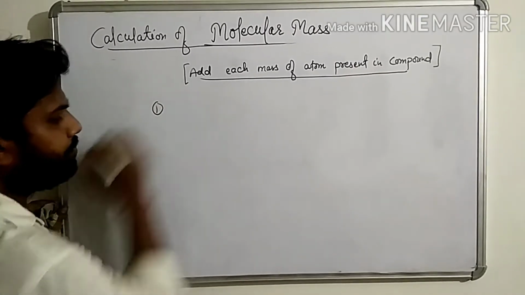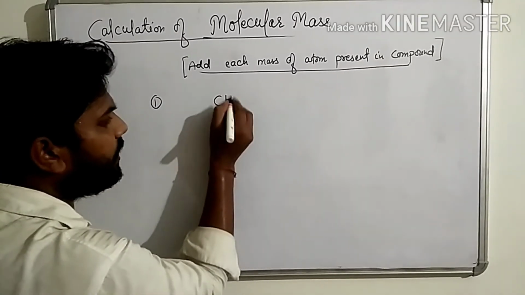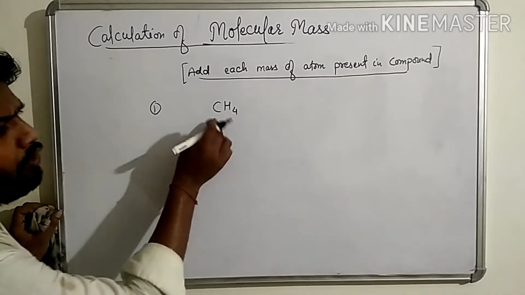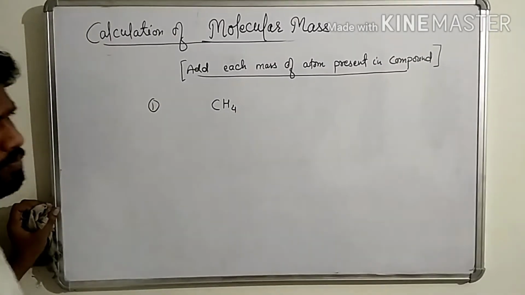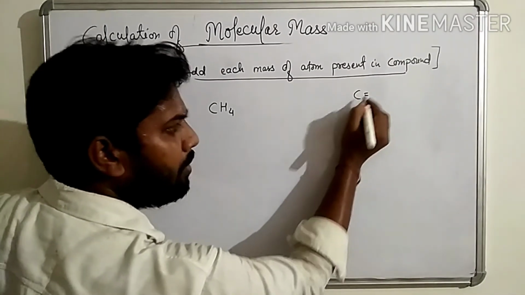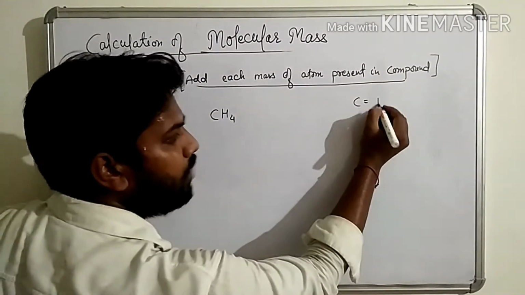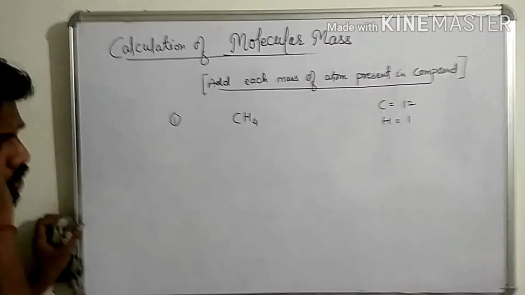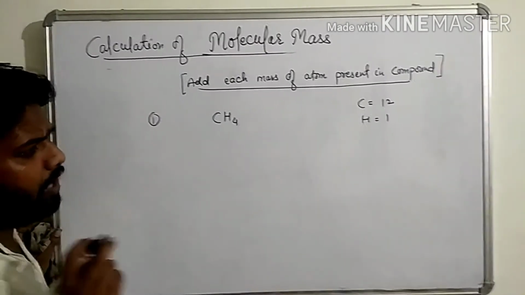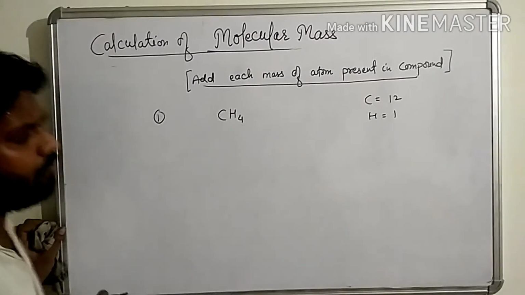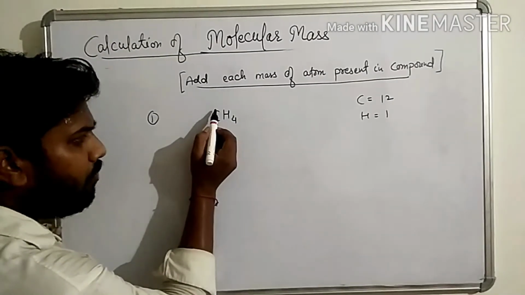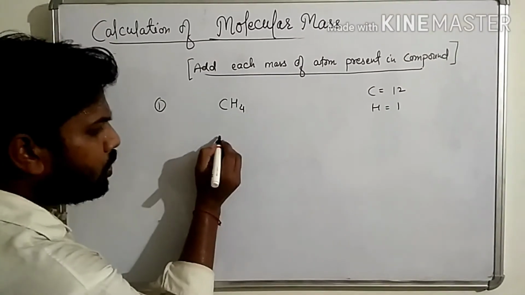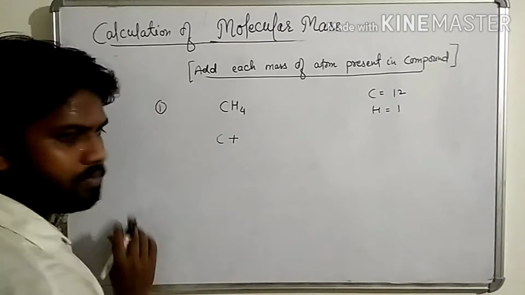For example, methane, CH4. Let us calculate the molecular mass of this compound. So children, the atomic mass of carbon is 12 and hydrogen is 1. One thing you have to understand: when one atom is different from the other atom, there will be a plus sign.